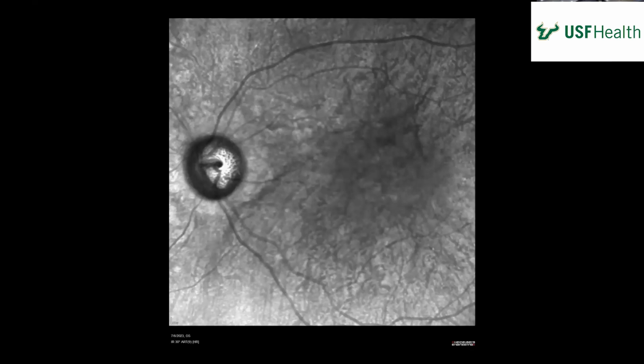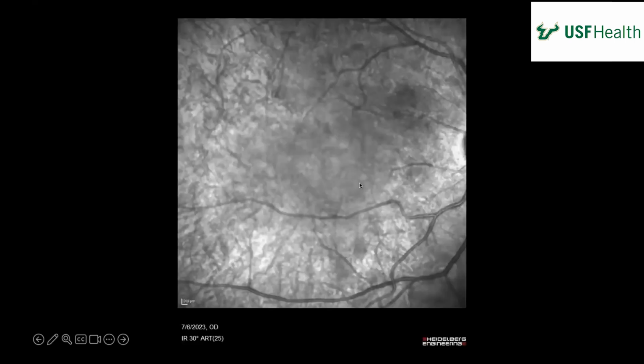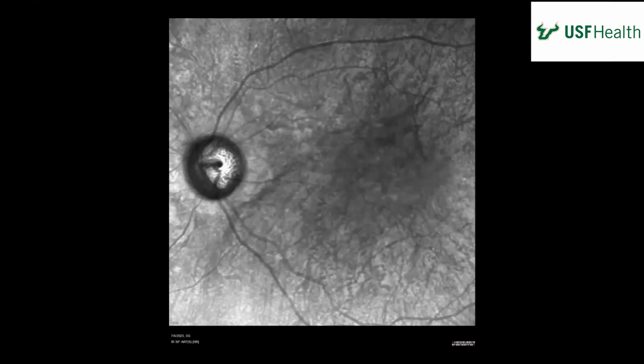It does, yeah. Anything else? The only thing, I thought the macula looked a tiny bit more hypofluorescent compared to the other side, but that was the only real difference that I noticed. Yeah, not much there.